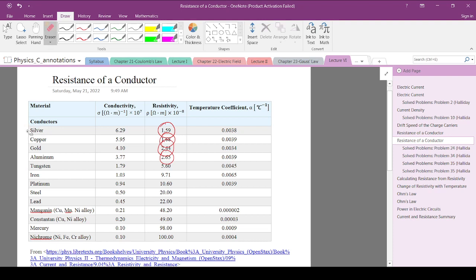For example, most wires are made of copper, and for high precision circuits, in general we use silver and gold. As you can see, the resistivity is relatively low for these materials, which means the conductivity is very high.